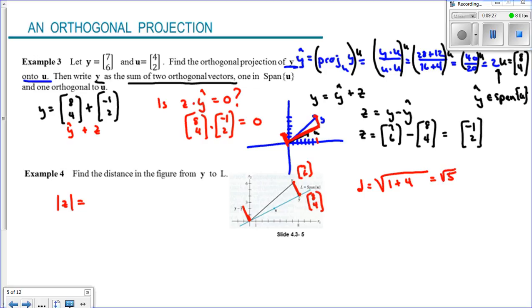But notice that that's just the magnitude of z. So if you want the distance to that line, which is the span of the first vector that you're projecting onto, it's just going to be the magnitude of that orthogonal vector.